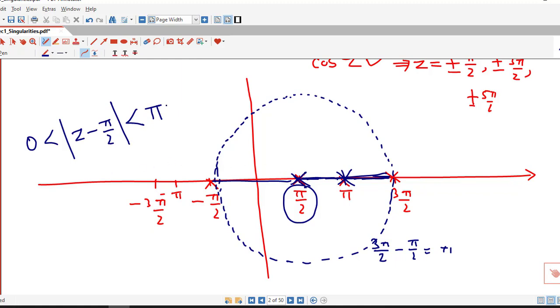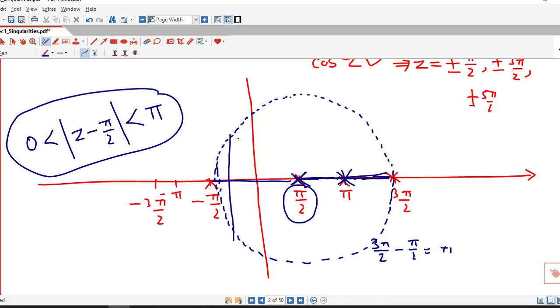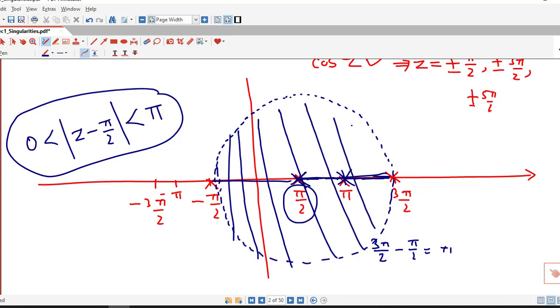So this deleted neighborhood does not contain any other singularity of the function. So the function is analytic at every point in this deleted neighborhood except the center, that is z equal to pi by 2. So that means z equal to pi by 2 is an isolated singular point of tan z.